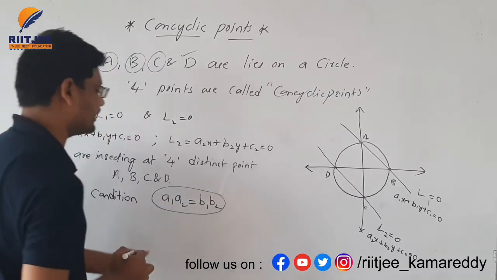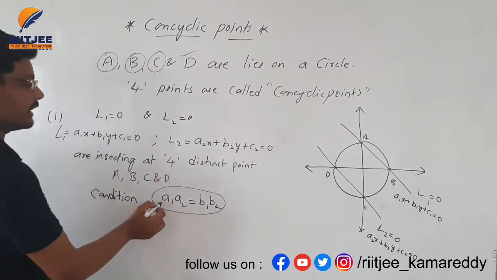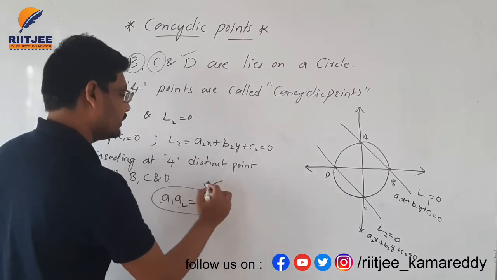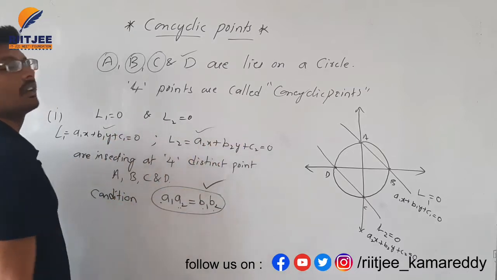This is the condition for these two lines. If a1 into a2 is equal to b1 into b2 is satisfied, then these two lines are concyclic.